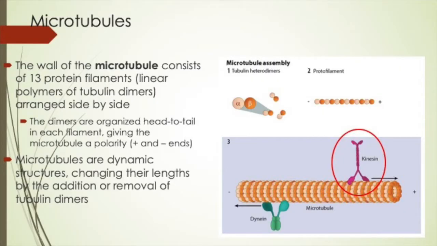Microtubules. The walls of the microtubules consist of 13 protein filaments. So, the dimers are organized head to tail in each filament, giving the microtubule a polarity.